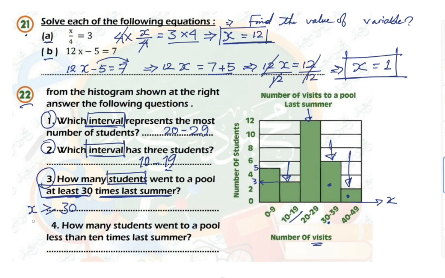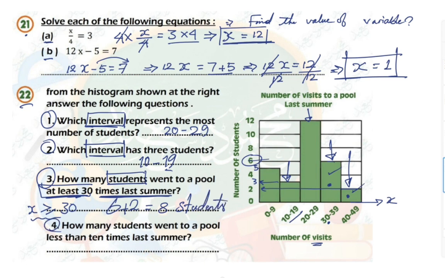That's why this inequality, because he starts with 30 and greater. So I will add this interval and this interval. First interval we have 6 plus this interval we have 2, and that equals 8 students.